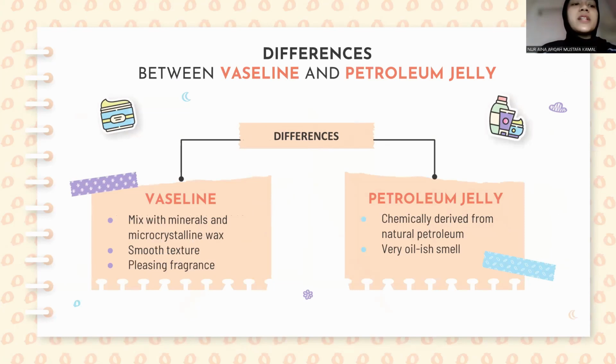Vaseline is mixed with mineral and microcrystalline wax, and it has a smooth texture with a pleasing fragrance such as lavender oil or baby powder. While petroleum jelly is chemically derived from natural petroleum and has a very oily smell.